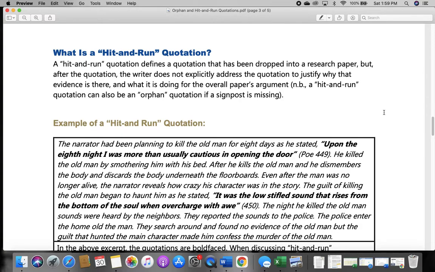And if you don't have an argument, what is your evidence doing? You have no reason to bring in any evidence. So if you haven't succeeded at that first step, step 2 is going to be a problem, and step 3 is definitely going to be a problem.